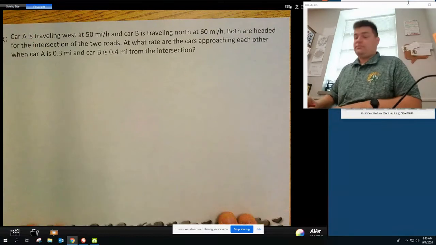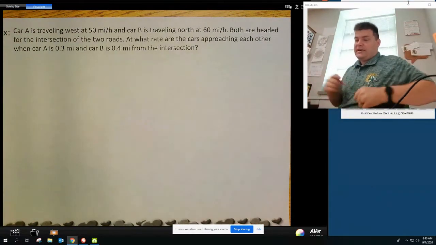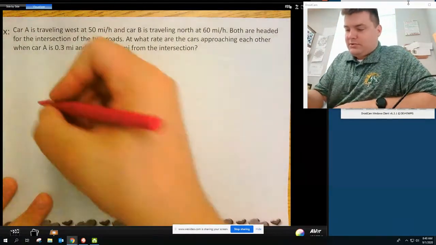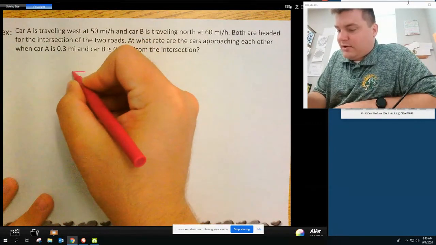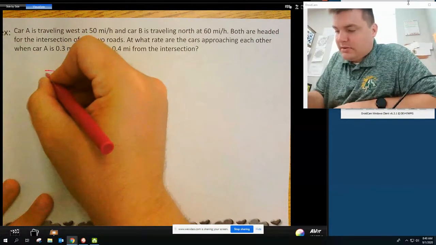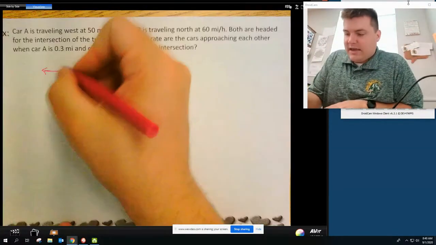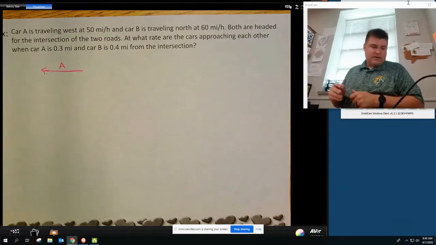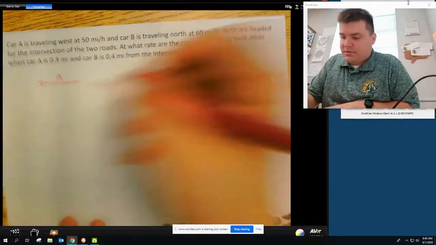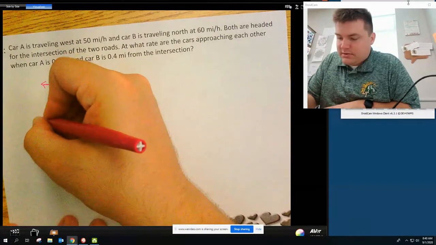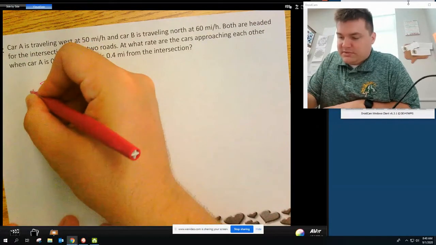All right. So when we do a problem like this, drawing a picture is super important. Essentially, car A is traveling west, so I'm going to just draw an arrow here so it helps me with the direction. So this is car A. And then car B is traveling north to reach some type of intersection.